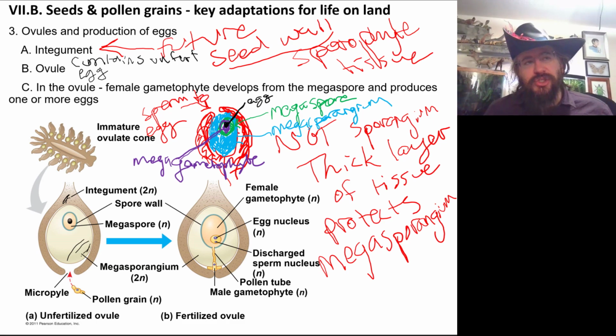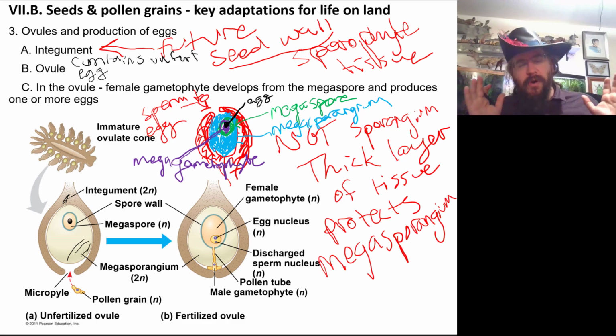But that would be a super mean thing to test you over. So that's technical information for you, that ovule is a term that technically includes that transitional stage. But when I use it, I'm generally referring to before fertilization, the egg-containing structure.